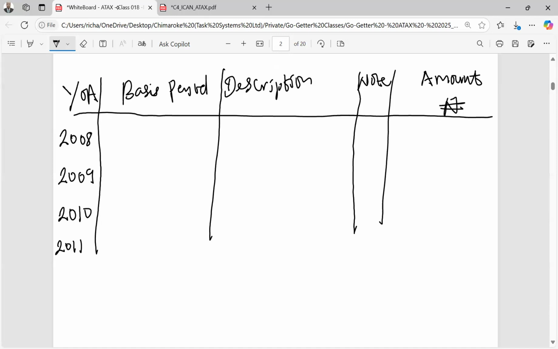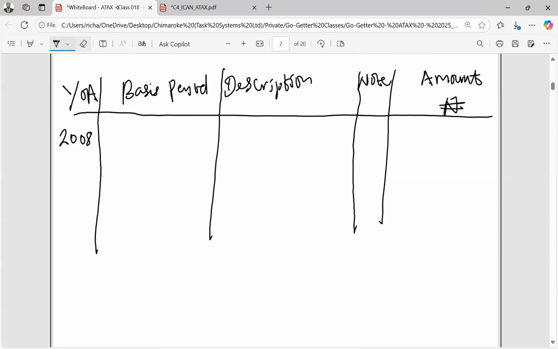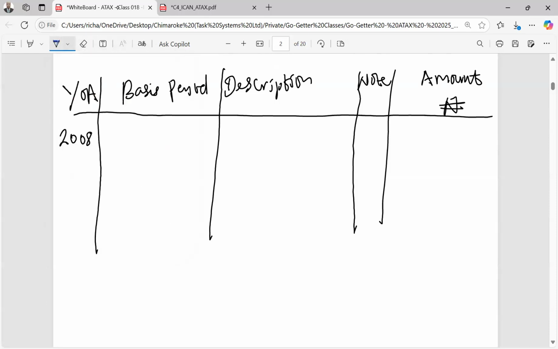What am I doing? Okay, let me not do it that way. Let's leave it as 2008 first, and let's treat 2008. Okay, so we will start. All right, basis period here.